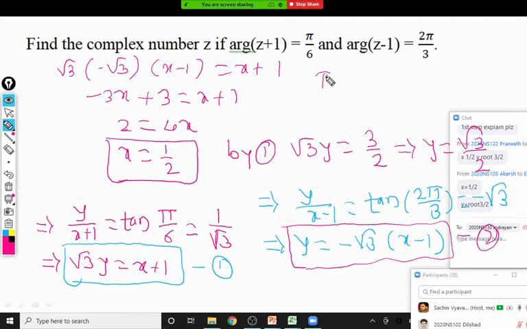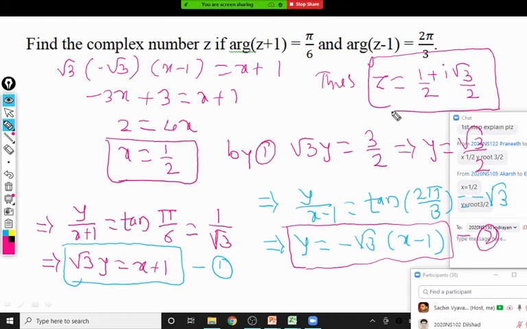Thus, z is x plus iy, that is 1 by 2 plus i root 3 by 2. You can write it any way. That is our final answer: 1 by 2 plus i times root 3 by 2 is the required answer for that complex number z. And you can cross check also.